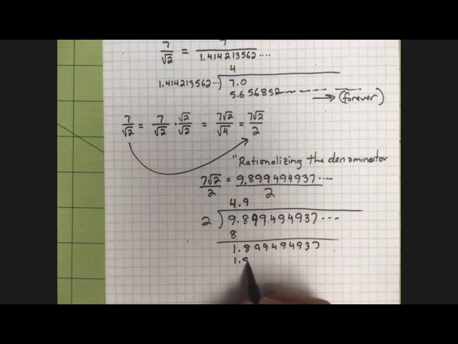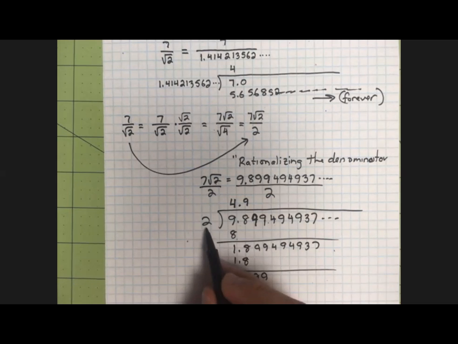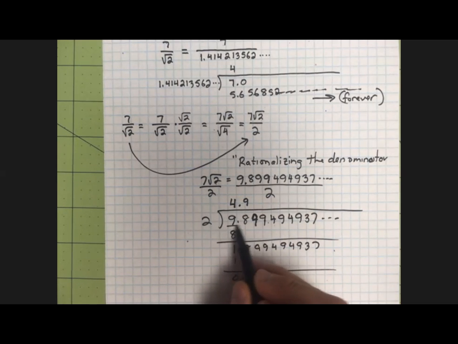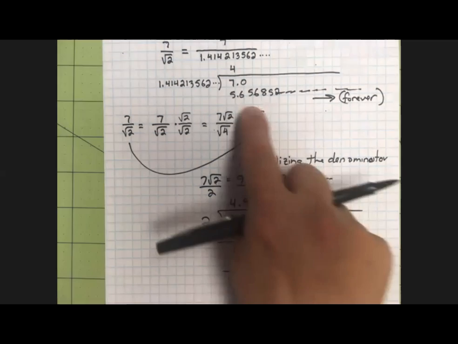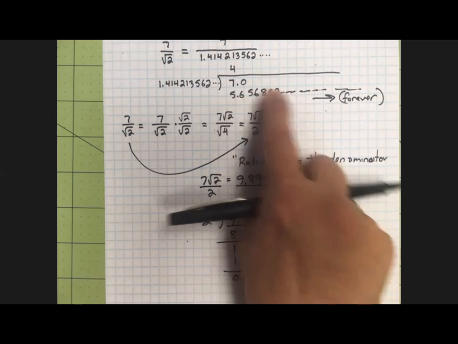And there's 1.8, and that leaves 0.099. In other words, I can put 2 into this number all day long because I just have to do it 1 digit at a time. And when I get tired, I can stop after 10 or 20 digits. But here, I never even got past the 4.